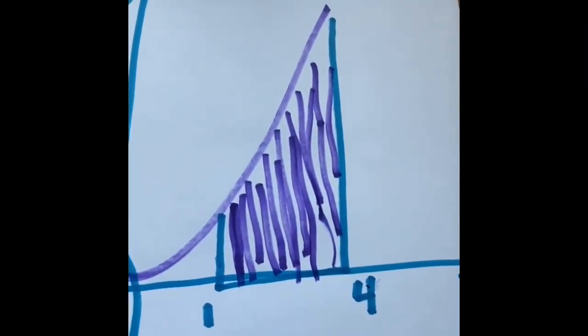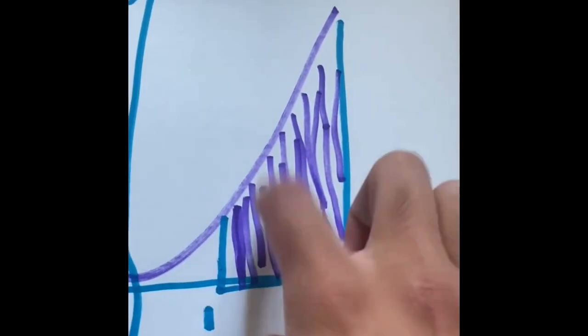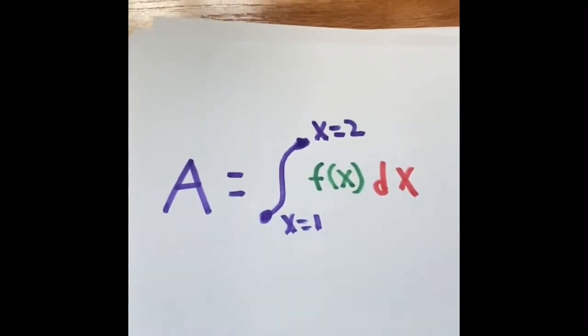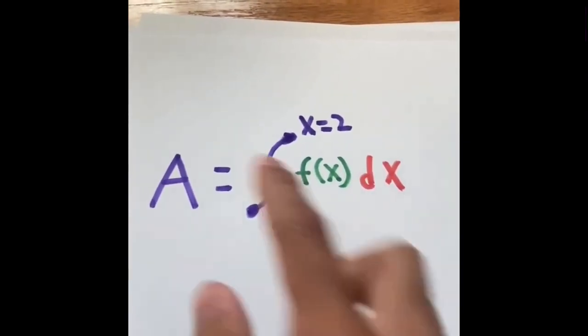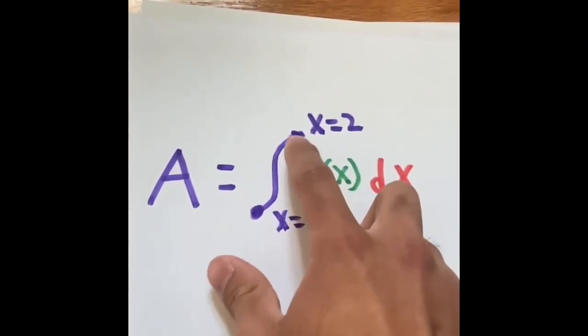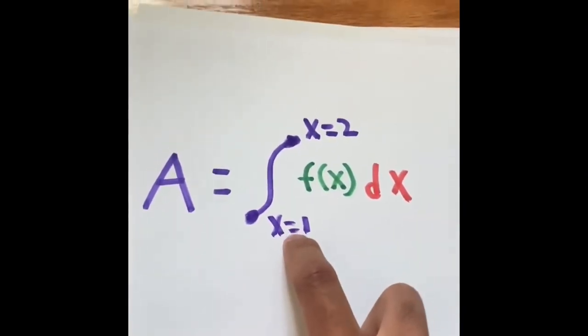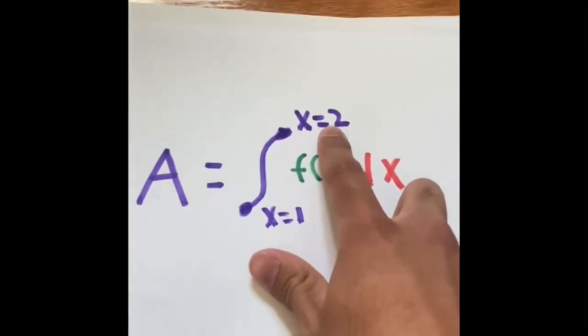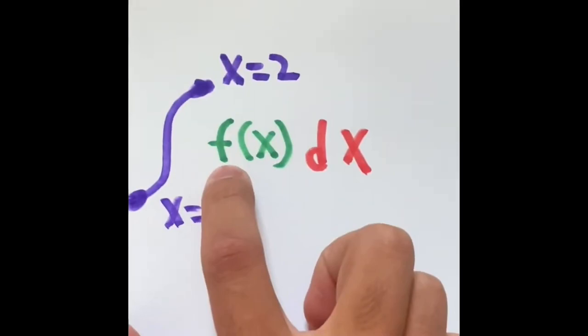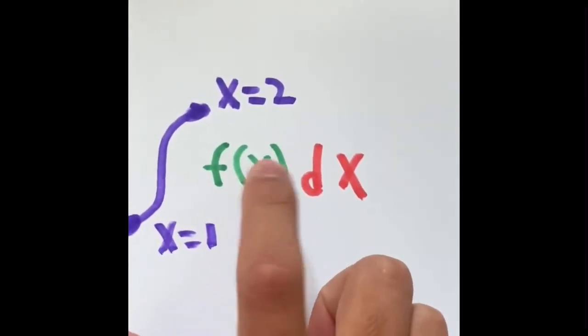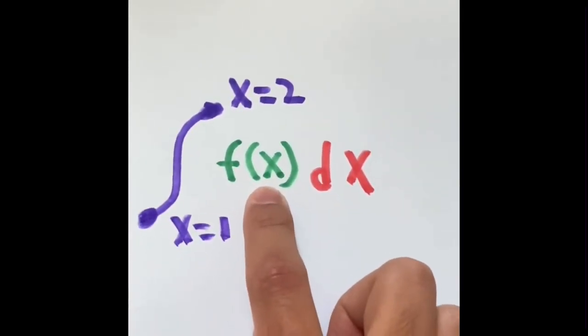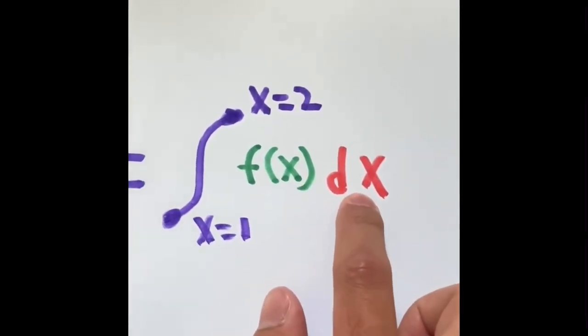To find the area under a curve of an irregular shape, there is a formula we're going to follow. The formula is the area of an irregular shape is the integral from your first boundary to your second boundary of the function of x, followed by dx.